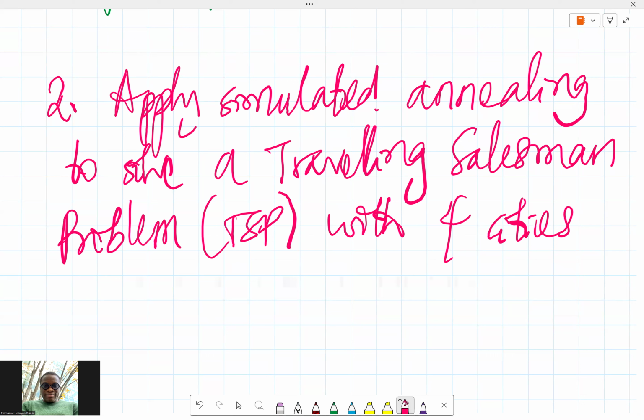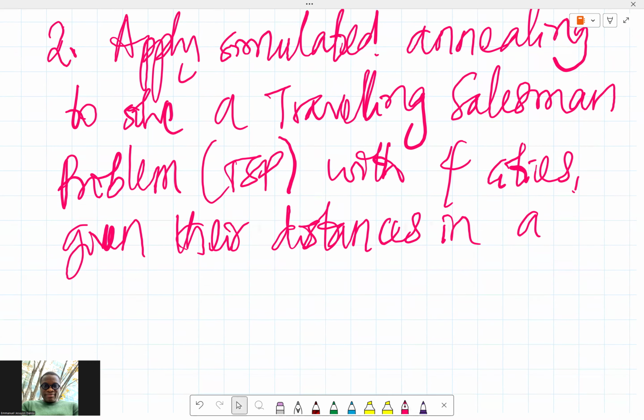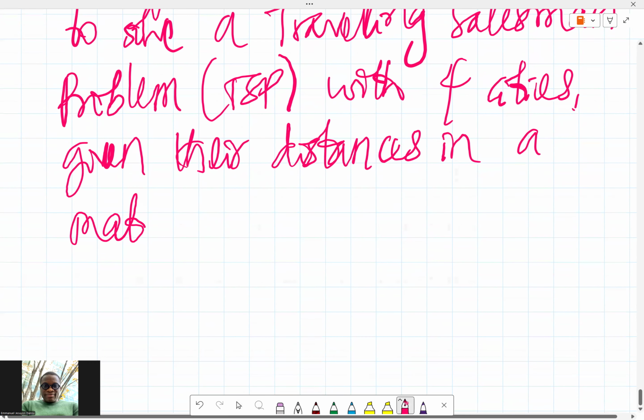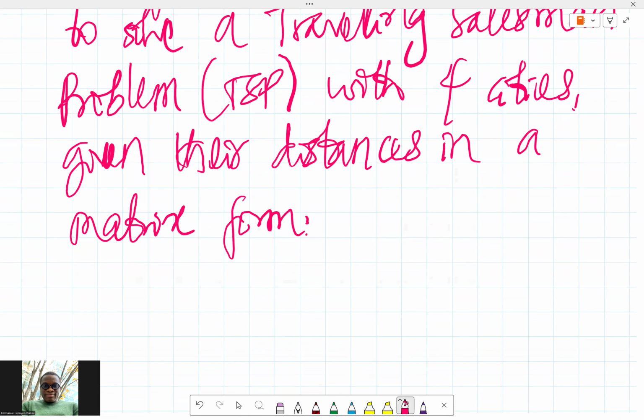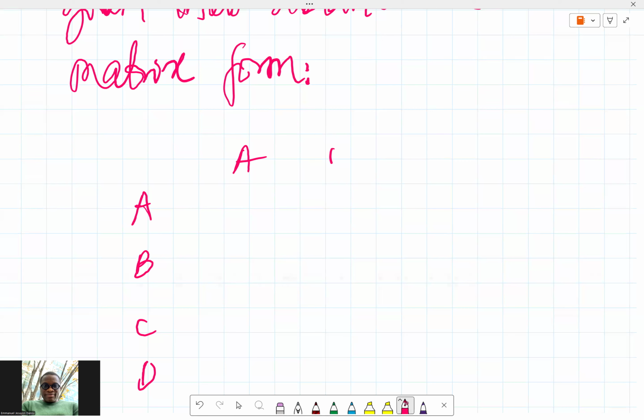You can choose cities around you, given their distances in a matrix form. Maybe I can even generate, let's say, cities A, B, C, D, and again A, B, C, D.